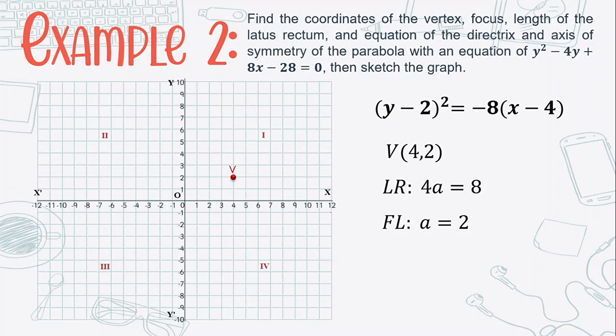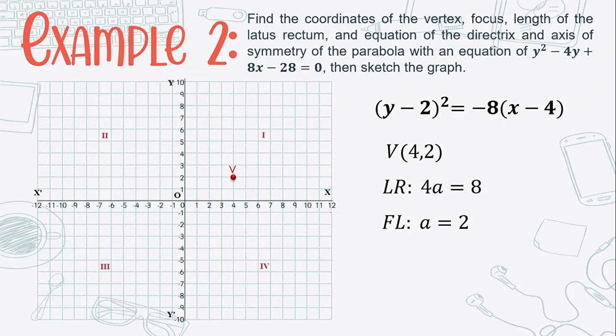Therefore, if that is the focal length, we have to move 2 units from the vertex. Now in which direction? Is it to the left or to the right, since we have y squared? Our 4a in our standard form is negative 8. So we move 2 units to the left to find our focus.